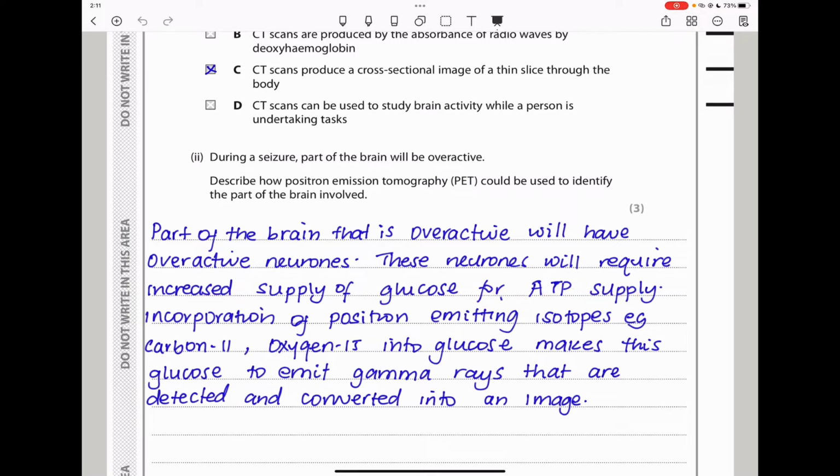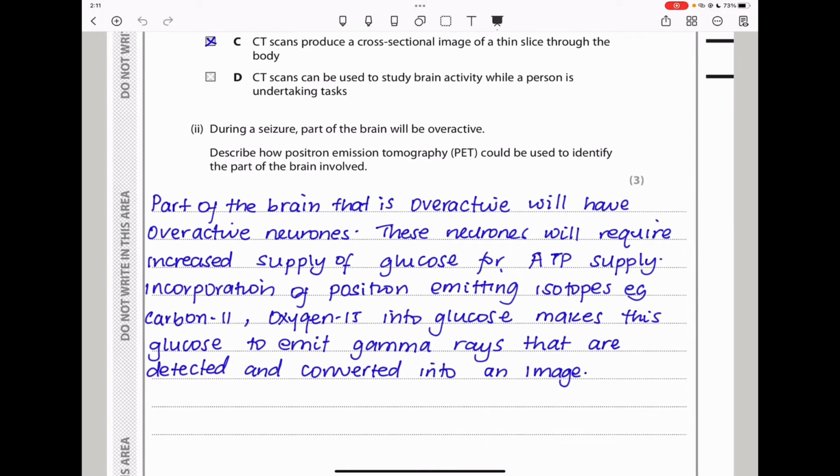So incorporation of positron-emitting isotopes, for example carbon-11 or oxygen-15, into glucose makes this glucose emit gamma rays that are detected and converted into an image. So these can be observed during activity. So they can know which regions of the brain are being overactive and therefore taking up the isotope which is contained within the glucose. So that will be okay.